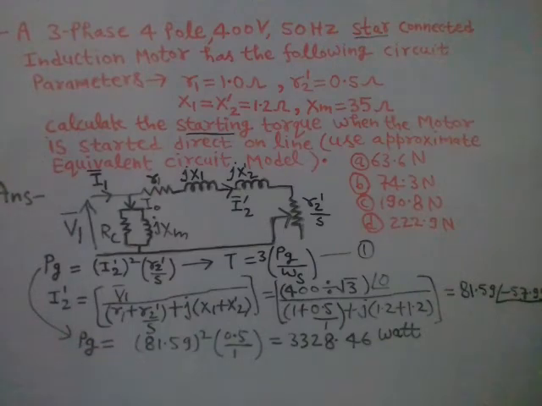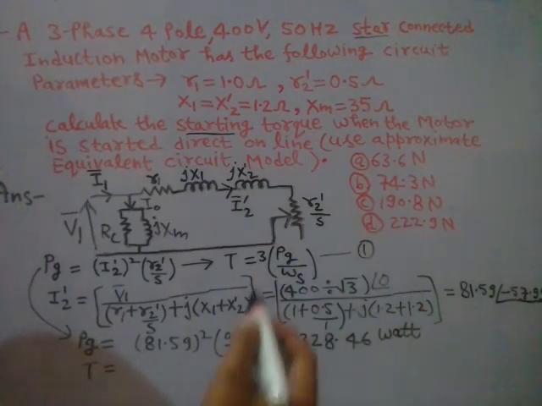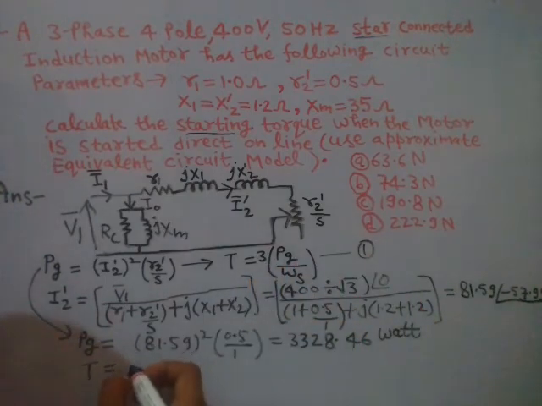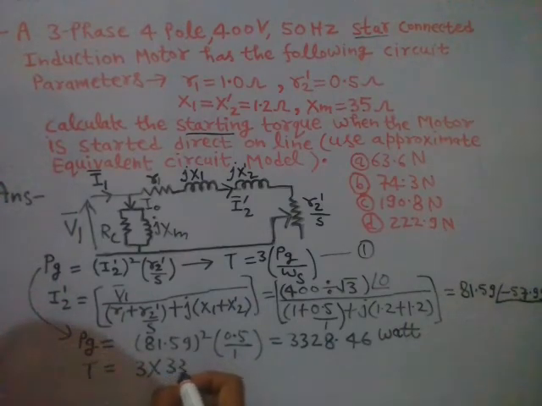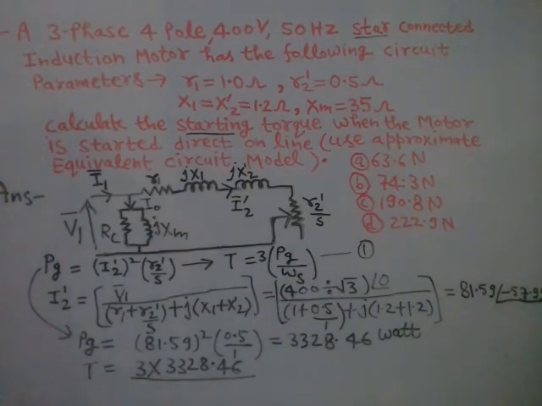All right. Now for the three phase torque, you can calculate using this equation number 1, that is 3 times Pg by omega s. So 3 times the air gap power Pg, that is 3328.46, divided by omega s. Omega s is nothing but 2 pi Ns by 60, right?